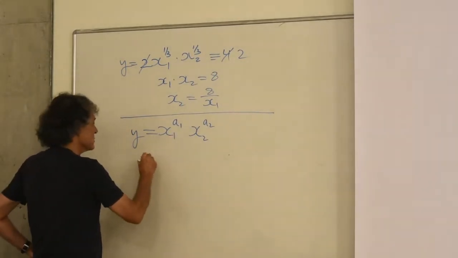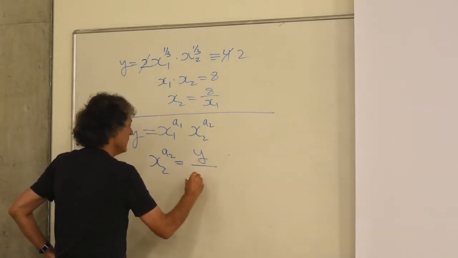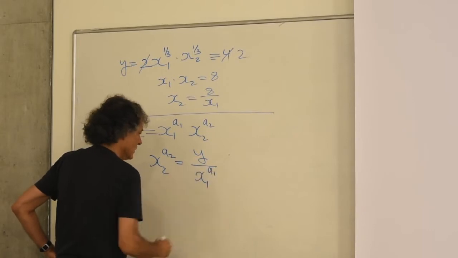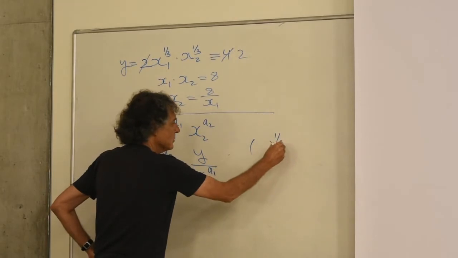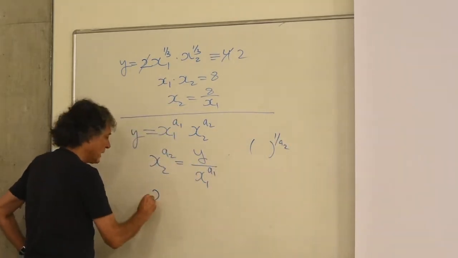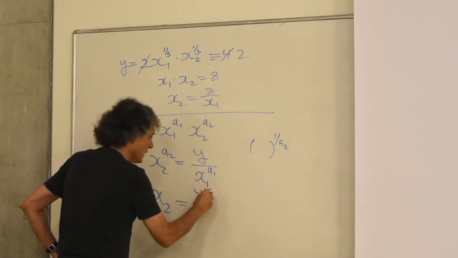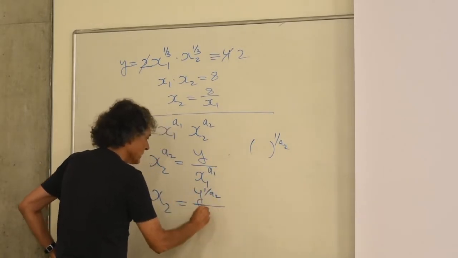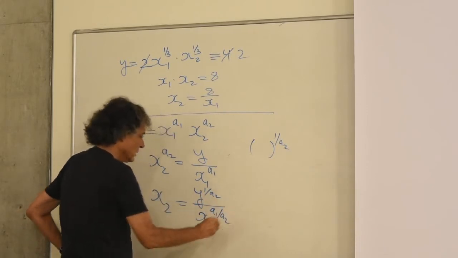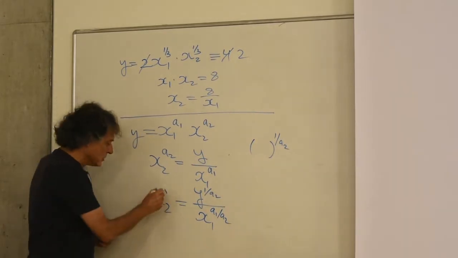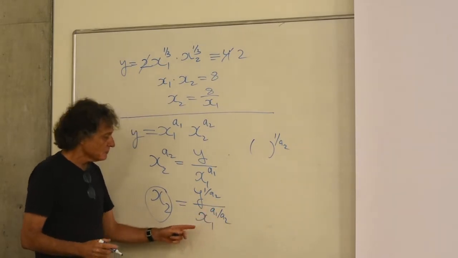And now you get x2 to the a2 equals y over x1 to the a1. Now you take 1 over a2 on both sides. So that will be x2, and this will be y to the power 1 over a2 divided by x1 to the a1 over a2.